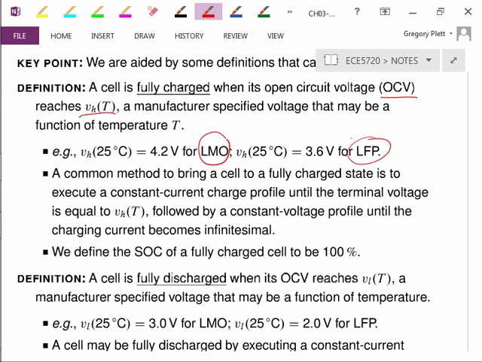And when the current becomes infinitesimal, that means the diffusion currents inside the cell are infinitesimal and the IR drop is infinitesimal, and all I'm left with is OCV plus hysteresis. Now, hysteresis at warm temperatures may still be small, and you might just consider it negligible, and in many cases people do.